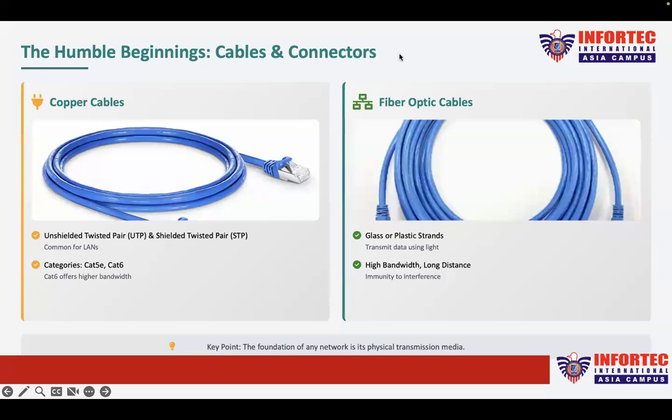We have the ability to transmit data using light. The main advantage of fiber optic cable is high bandwidth and long distance. High bandwidth means that at a given time we can send a high amount of data.